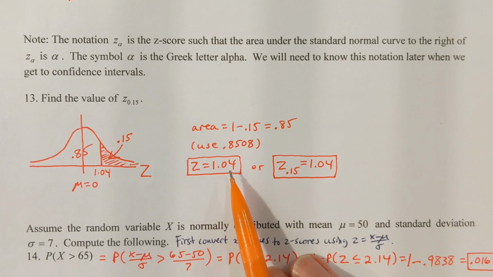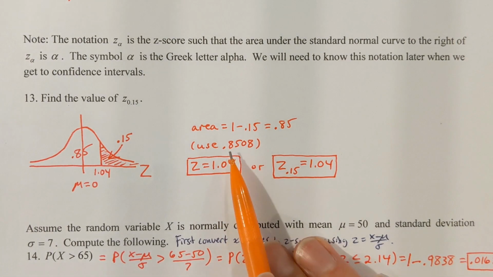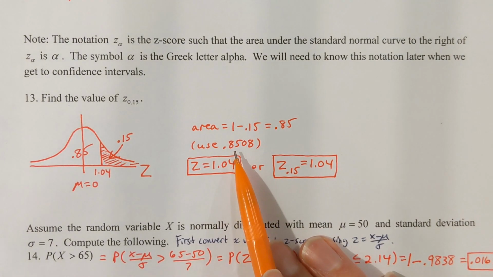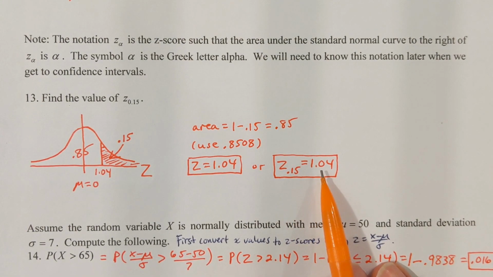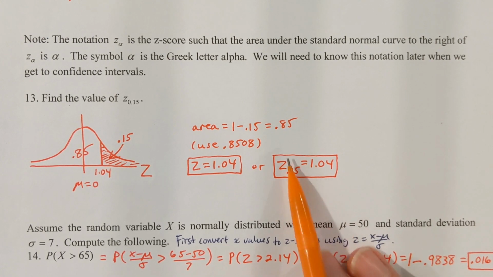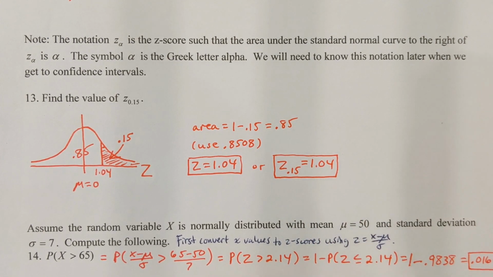So 1.04 would be my answer. I indicated the number that I'm using there. You could also write z sub 0.15 equals 1.04. That means the same thing. You're still talking about a z-score in this notation.